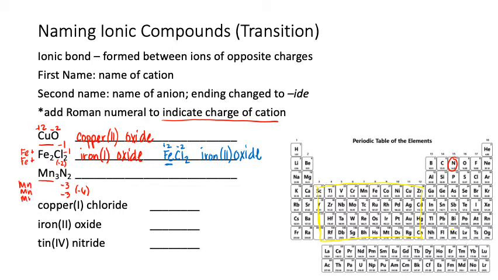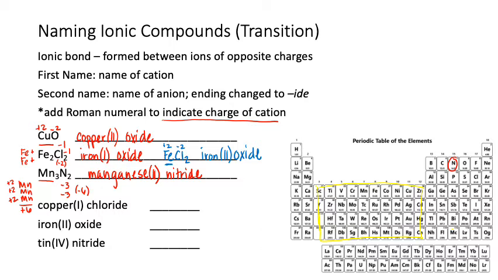So with 3 of them, the total has to equal +6. If you simply say 3 into 6, that means each one of these is going to have a +2 charge. So we will call this manganese(II) nitride.